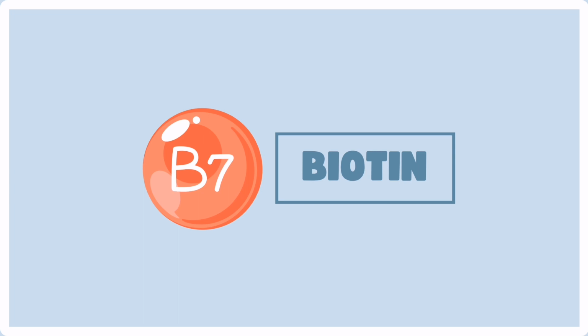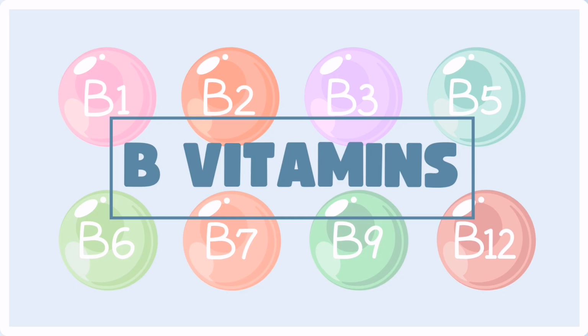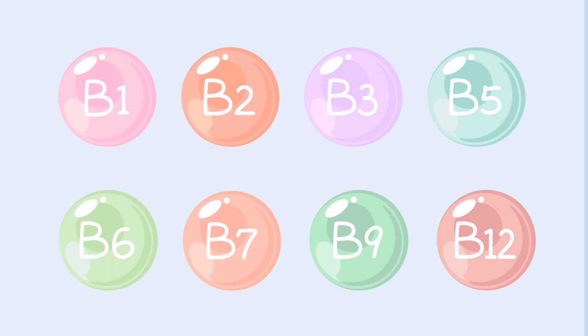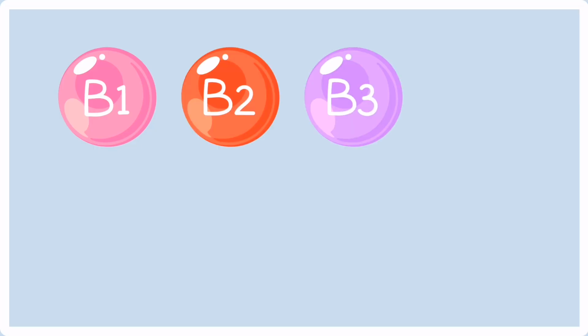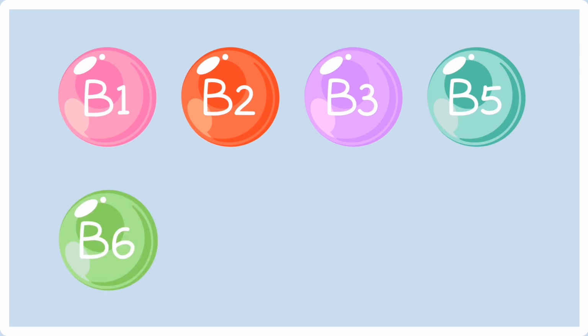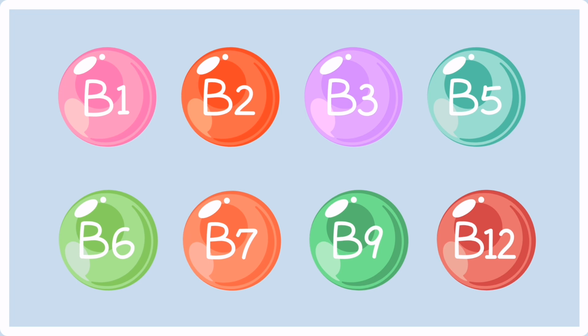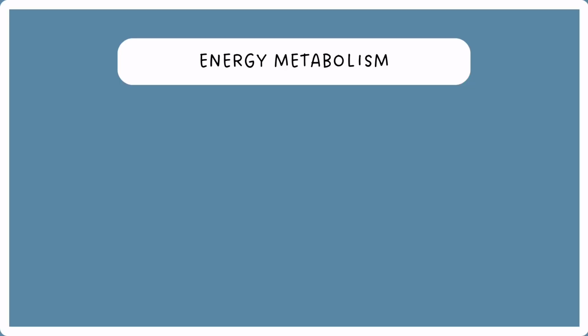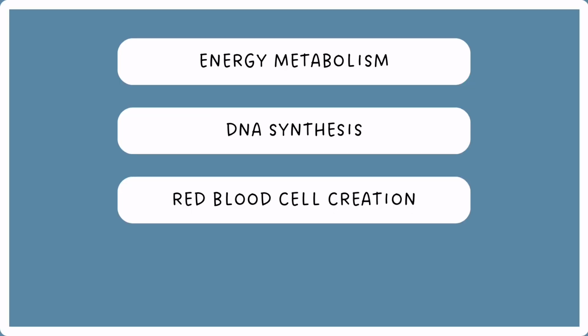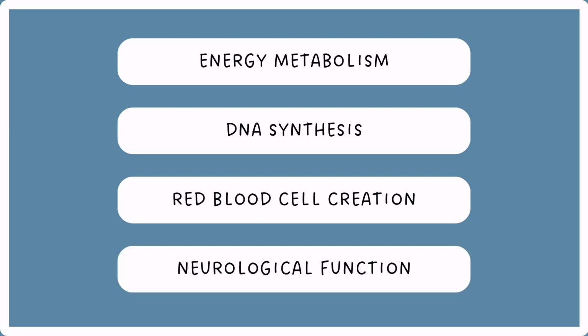First and foremost, the B group vitamins are a collection of 8 water-soluble vitamins that are required for a variety of metabolic processes. B vitamins, which include B1, B2, B3, B5, B6, B7, B9, and B12, work together to help with energy metabolism, DNA synthesis, red blood cell creation, and neurological function.